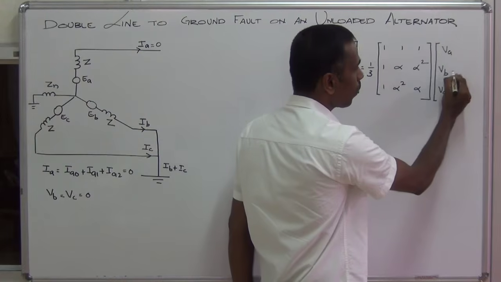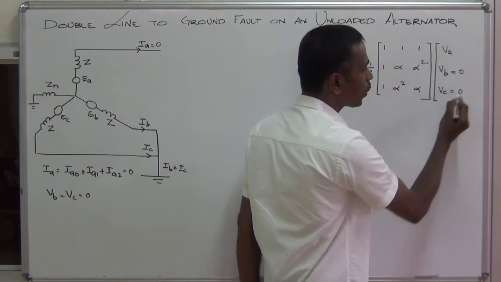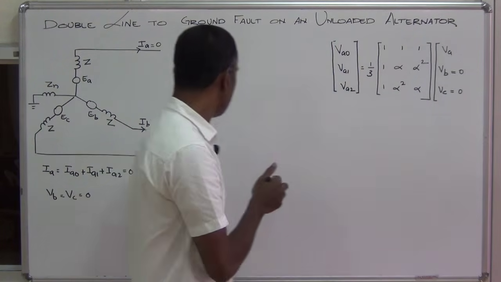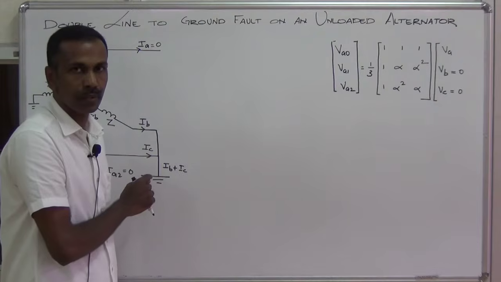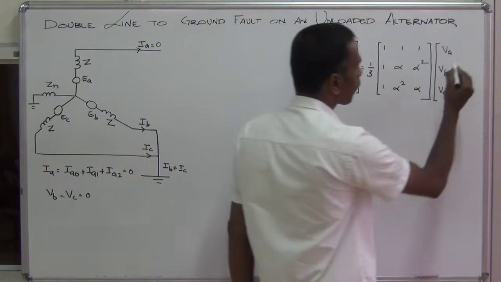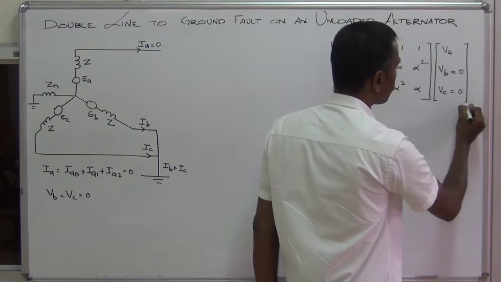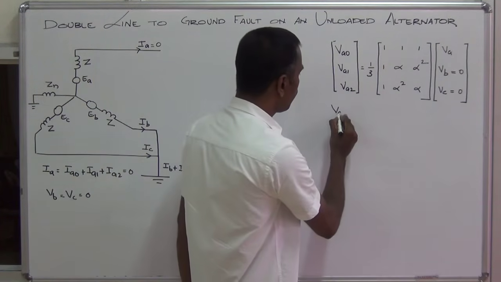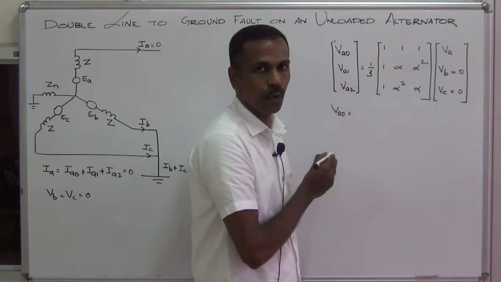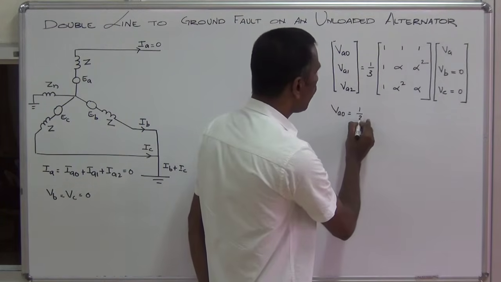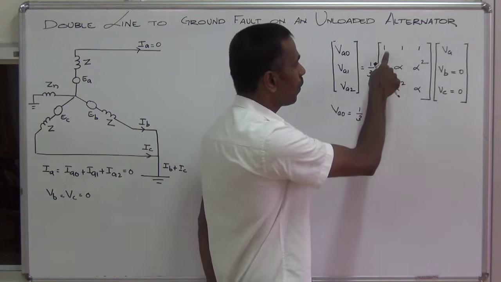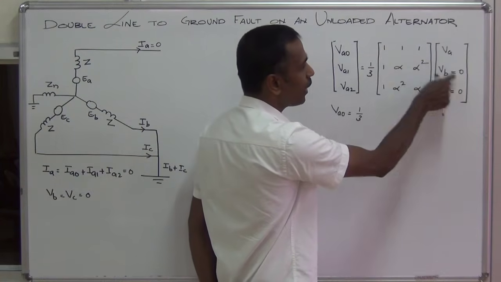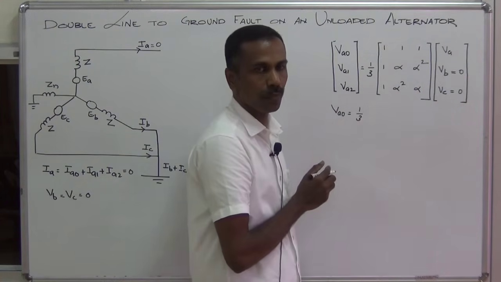VB equals 0 and VC is also equal to 0 because these two lines are shorted to ground. So from this matrix equation, the zero sequence voltage VA0 equals 1 by 3 into 1 into VA plus 1 into 0 plus 1 into 0.